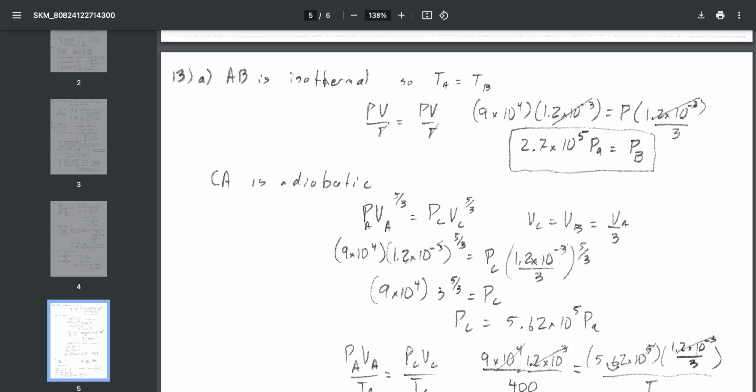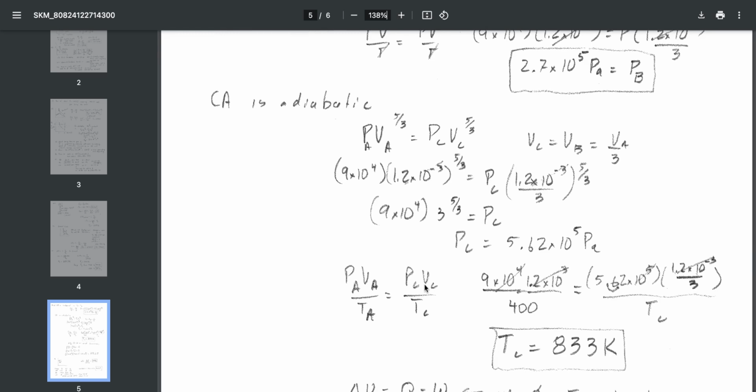And then it asks for the temperature at C. C is connected by an adiabatic process from C to A. So we know the pressure at A, the volume at A, and we're trying to find the pressure at C. Do I need the pressure at C? Oh, this is the way I did it. I found the pressure at C first.